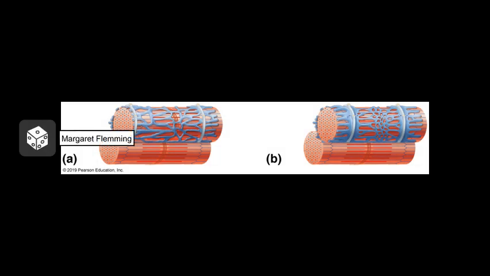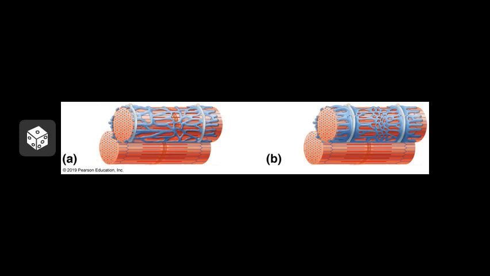So I've put this in for a little test for you. Can you tell which image is cardiac and which image is skeletal? One of the biggest differences is taking a look at the sarcoplasmic reticulum. Which one has the most complicated SR?